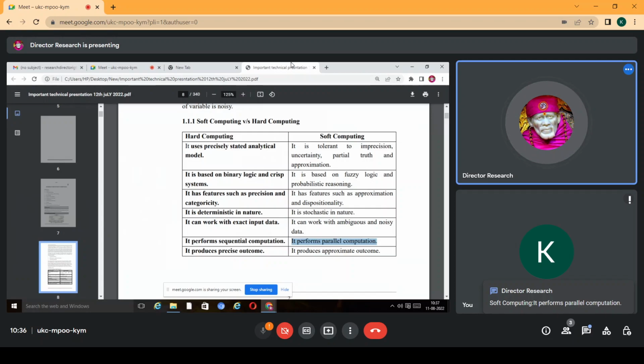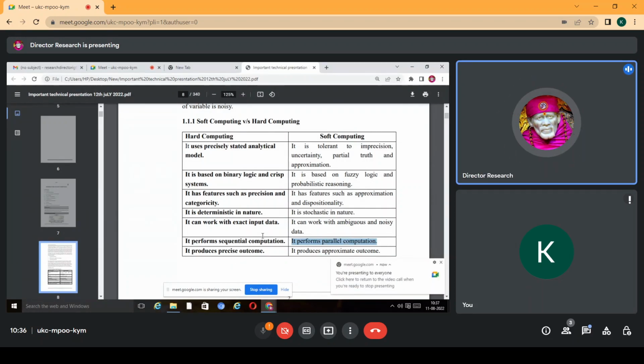Hard computing produces precise outcome, whereas soft computing produces approximate outcome.